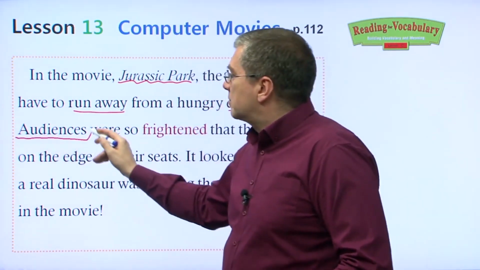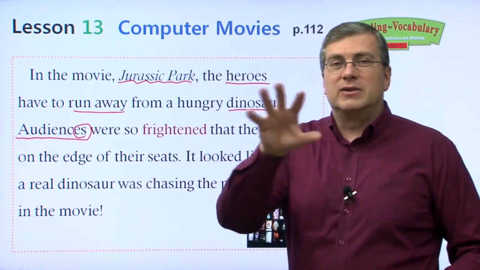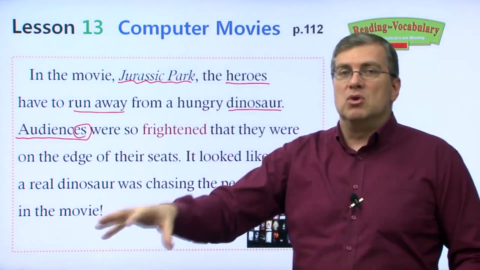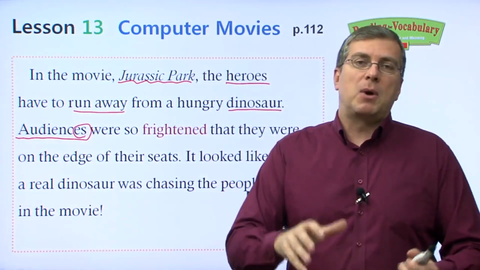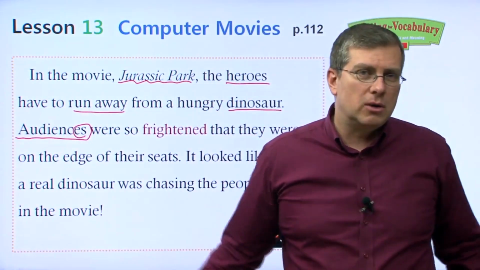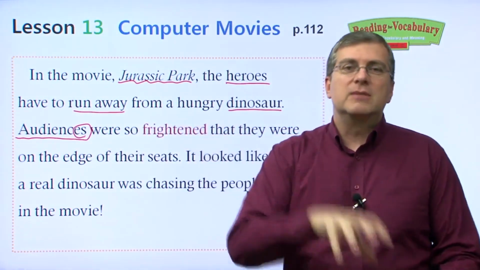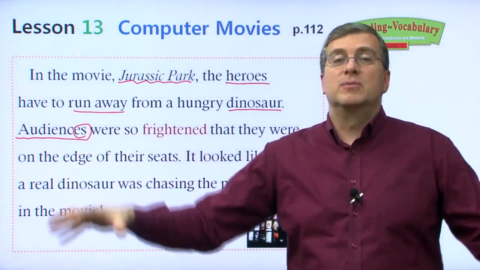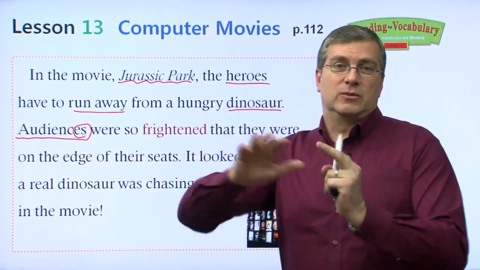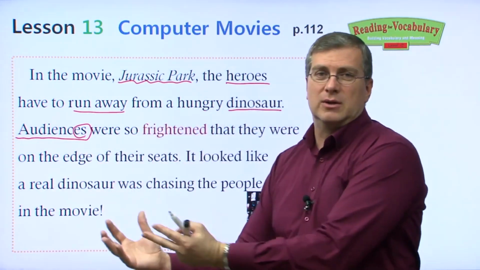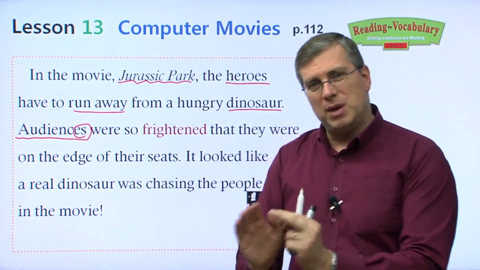Audiences. Here they use the plural audiences because they're talking about many different movie theaters. Jurassic Park played in movie theaters all across America. There were many groups of people in different movie theaters. We're talking about different movie theaters, not one movie theater and different people.